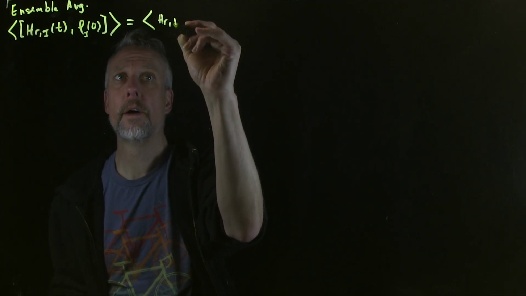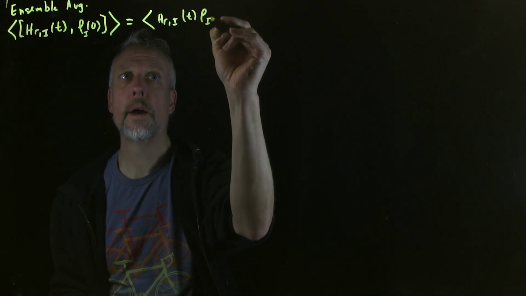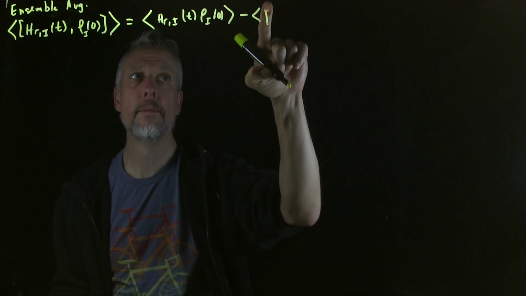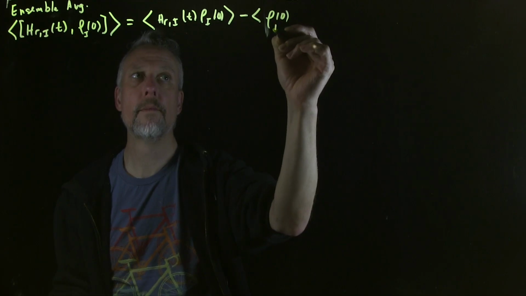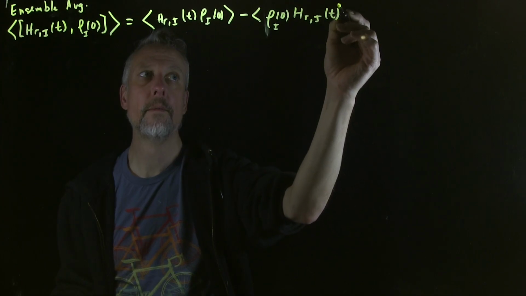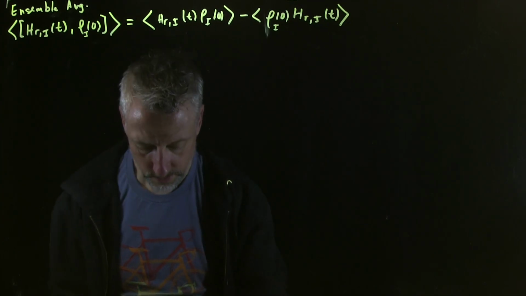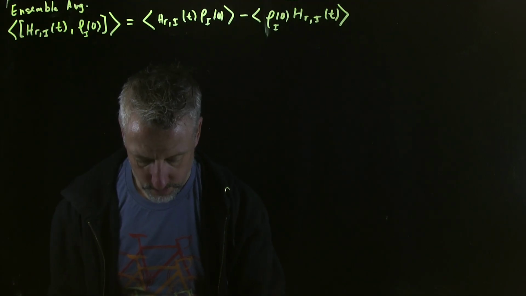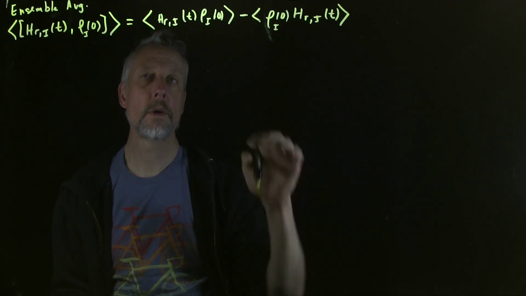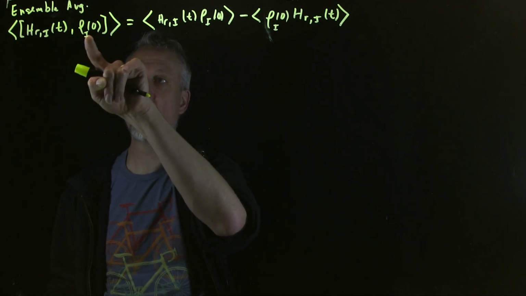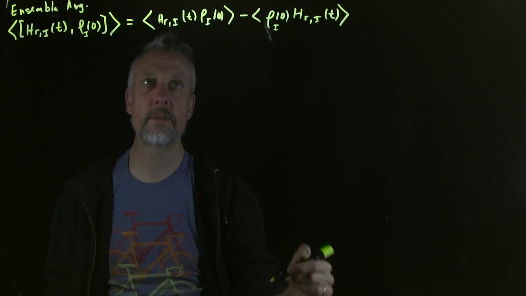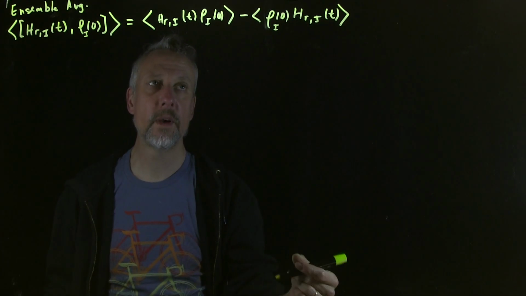So this will be H_R^I rho I minus rho I of 0 H_R. Just to remember, this is just H rho minus rho H, and the ensemble average is a linear operator, so you can break it up into two ensemble averages like this.